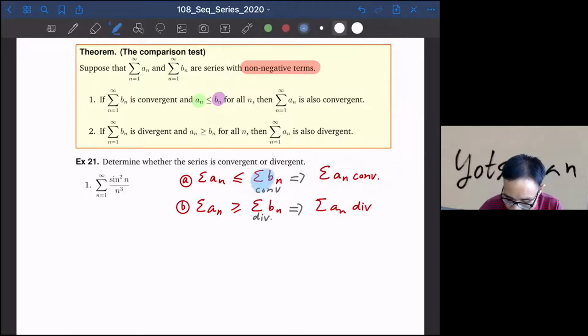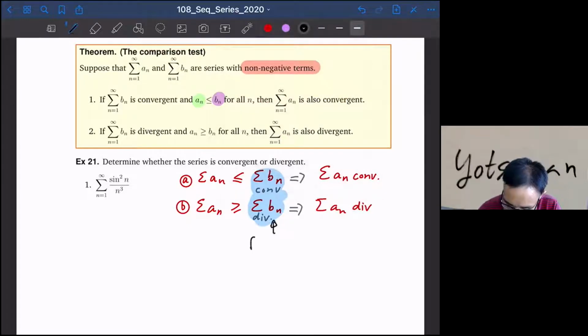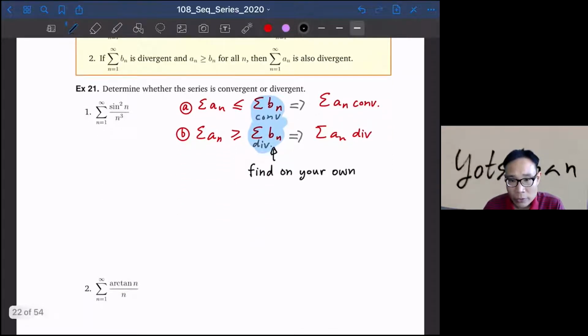So you have to find b_n on your own, and you are going to have to use the series where we know the result easily. It is the series of r to the n, which is called the geometric series.